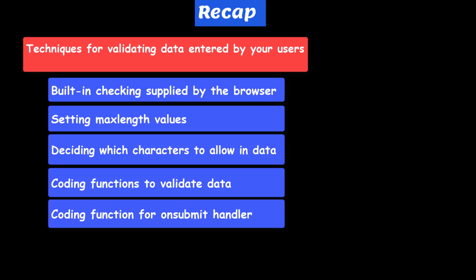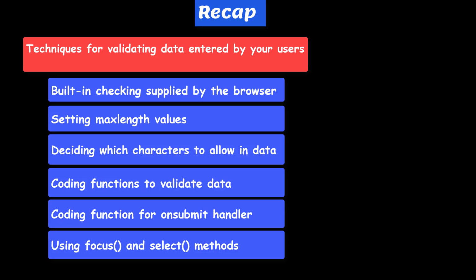Coding a function for the onSubmit event to invoke your validation routines, and helping the user find and correct bad data by using the focus and select methods. While there is no complete and foolproof way to guarantee total correctness, those silly users will be careless, and some will be malicious. We can greatly reduce the chances of hacking from data entry and minimize incorrect data going to our CGI on our server.